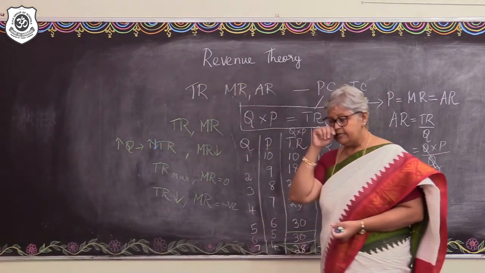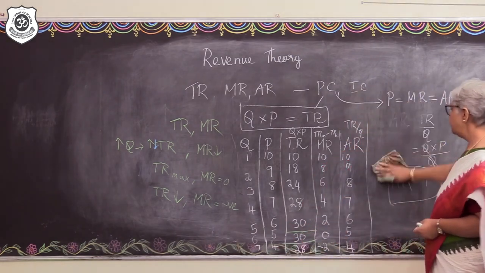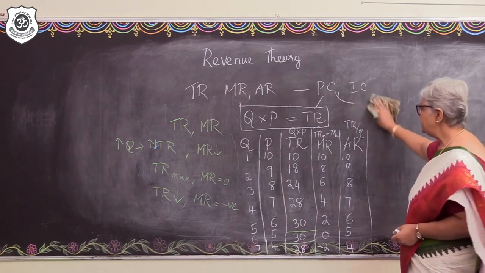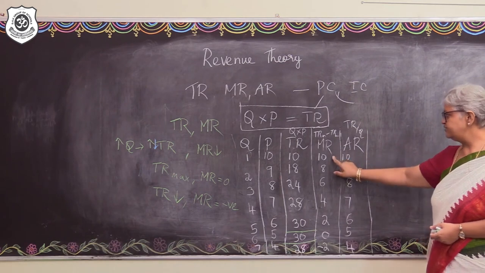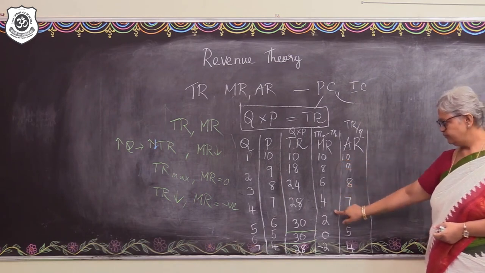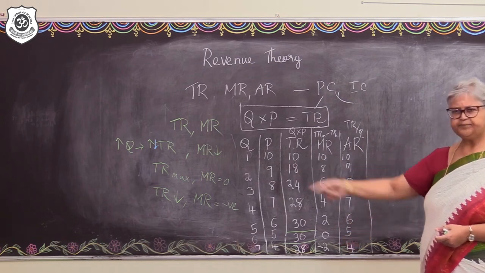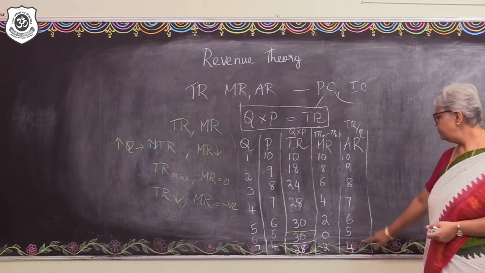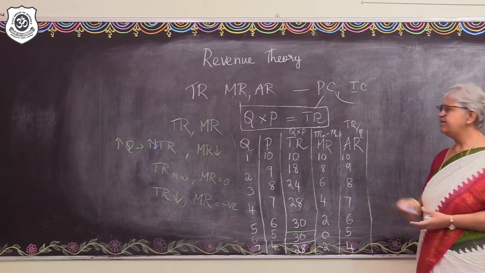Meanwhile, there are a few more observations that we can make and understand between the marginal and the average revenues. So look at the marginal revenue 10, 8, 6, 4. Continuously it's falling, becoming 0, negative. That's what we saw there. Average revenue also falls, but then it never becomes 0. Why? How is it calculated?